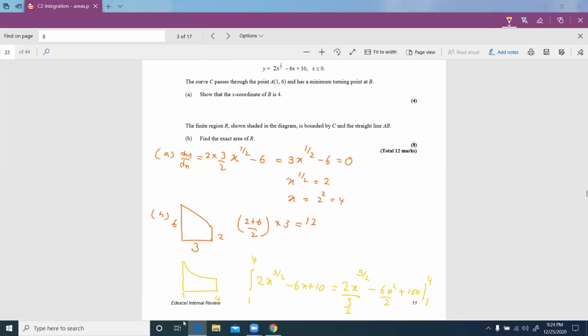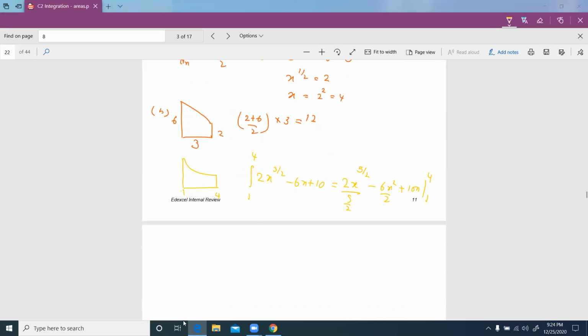That is 4 over 5 x to the power 5 over 2, minus 6 divided by 2 is 3, x squared, plus 10x.